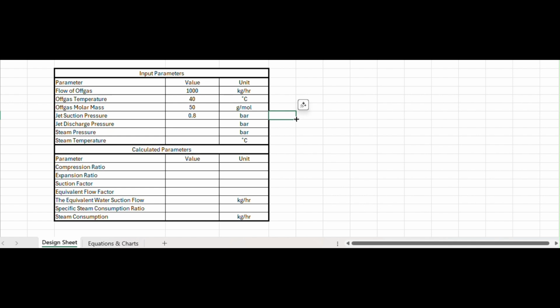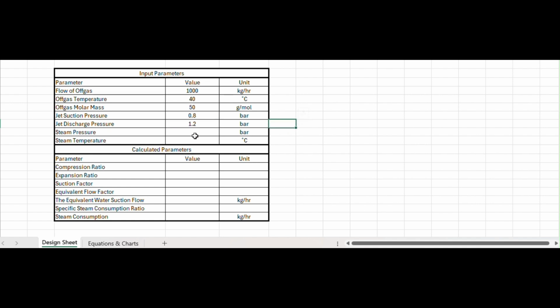If you vent to the atmosphere, you could just say atmospheric, so maybe 1.15, a little bit extra, just in case. But if it's tied into some thermal oxidizer or a flare, and there are lines with pressure drop, you need to leave some cushion for pressure drop. Say this one, I want to design for 1.2 bar.